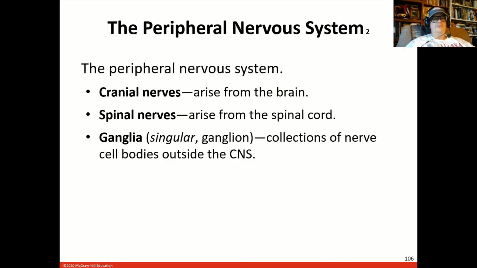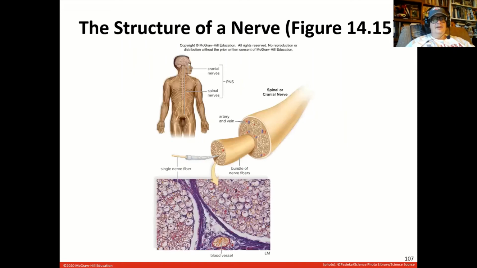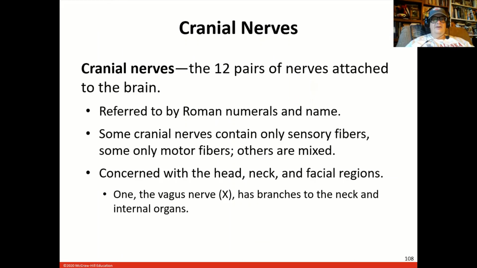The peripheral nervous system, we have the cranial nerves, the spinal nerves, and the ganglia, which are nerve cell bodies that are outside of the spinal column, outside of the brain. All right. So here we have a nerve tract, a spinal or a cranial nerve. And we have 12 cranial nerves.